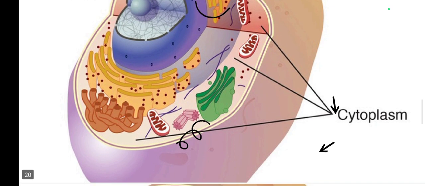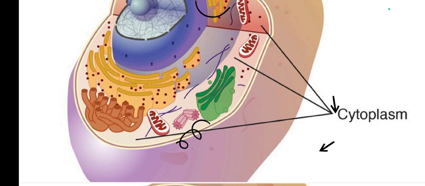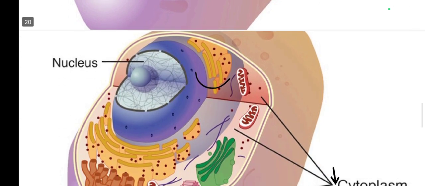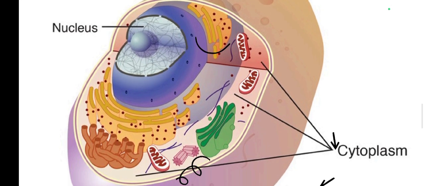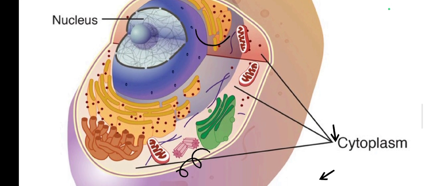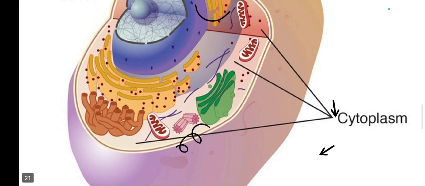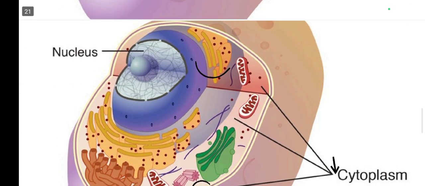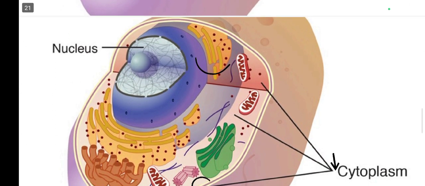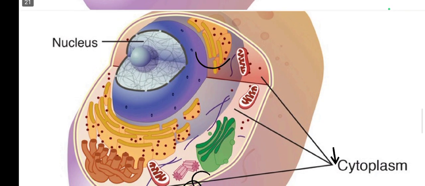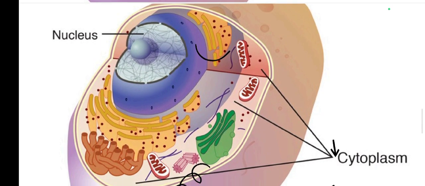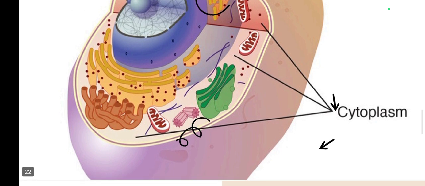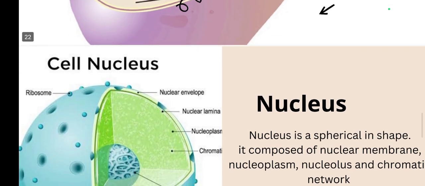It allows only the selective passage of certain molecules, such as proteins and nucleic acids, in and out of the nucleus. The nucleus contains chromosomes, the genetic material, which is an important part of the cell to be protected. The nucleus controls and regulates the activity of the cell and carries the genes, containing the hereditary information which is passed from one generation to another.